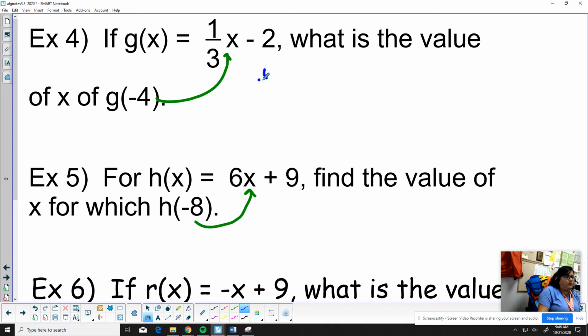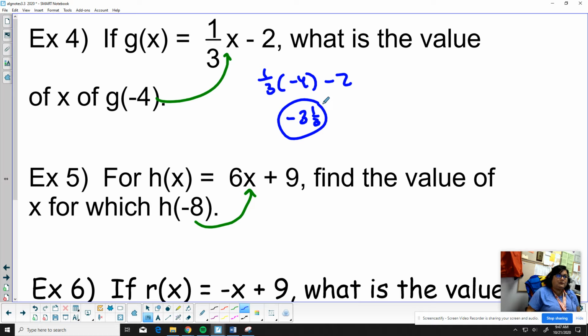So if I do 1/3 times negative 4 minus 2, and I use my Desmos calculator, 1/3 times negative 4 minus 2 gives me negative 3 and 1/3. That's my answer.